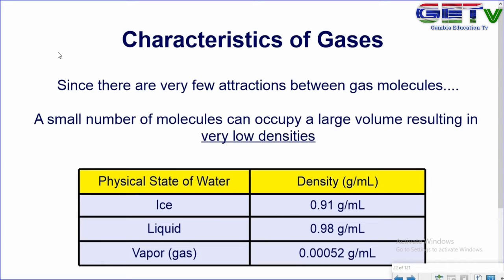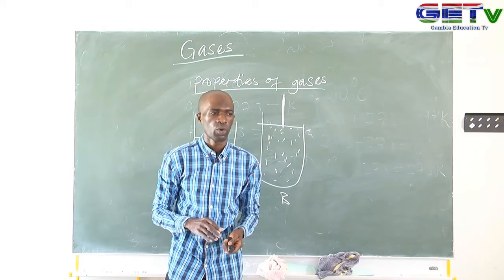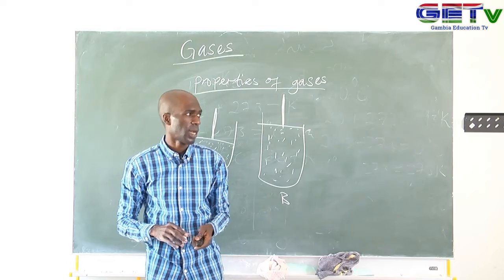The density of ice is 0.91 grams per milliliter, the density of liquid water is 0.98 grams per milliliter, and the density of gas in the form of vapor is 0.00052 grams per milliliter.